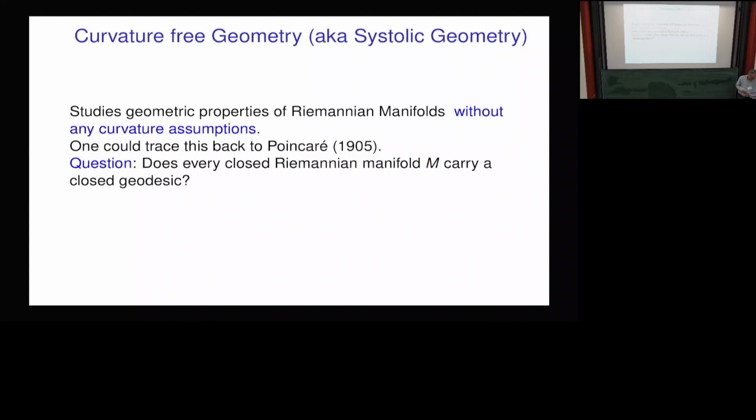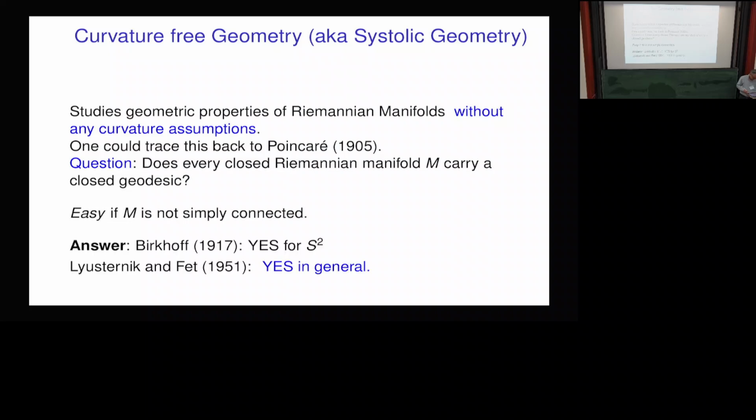One can say that this started with Poincaré, asking whether every closed Riemannian manifold has a closed geodesic. Well, this is easy, I would say, if M is not simply connected. And it's more tricky if it is simply connected, so in particular for S2.